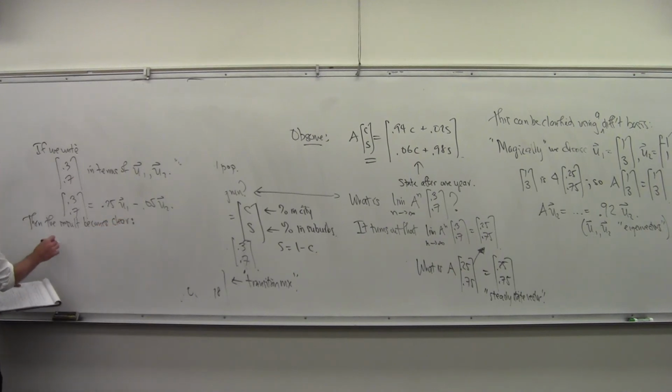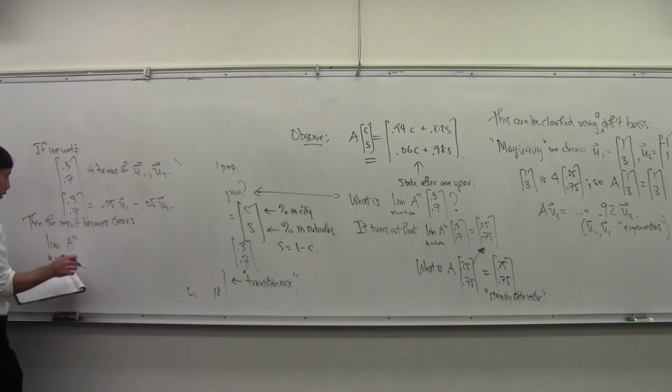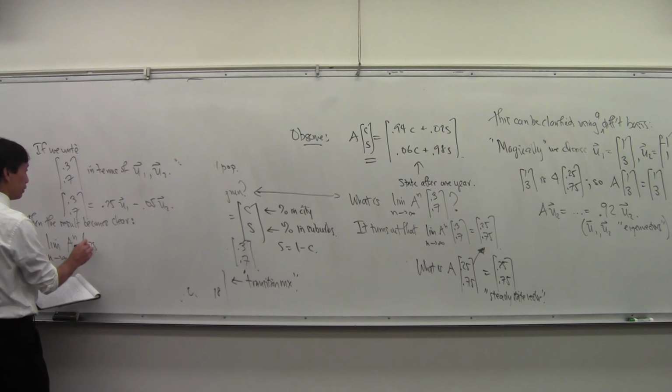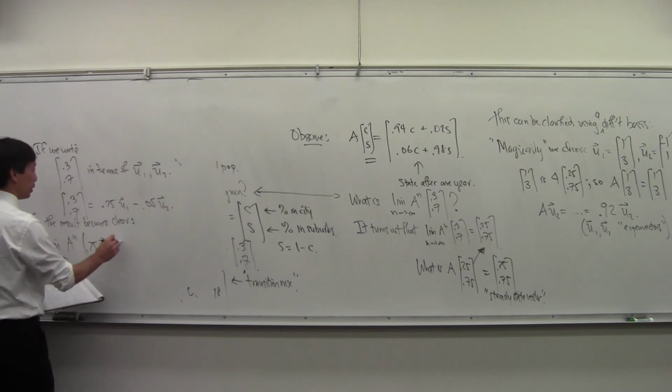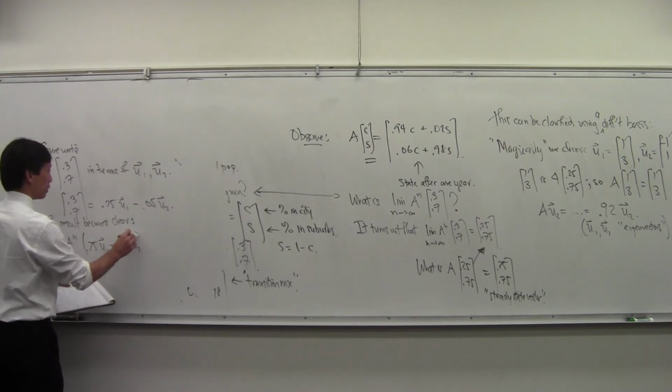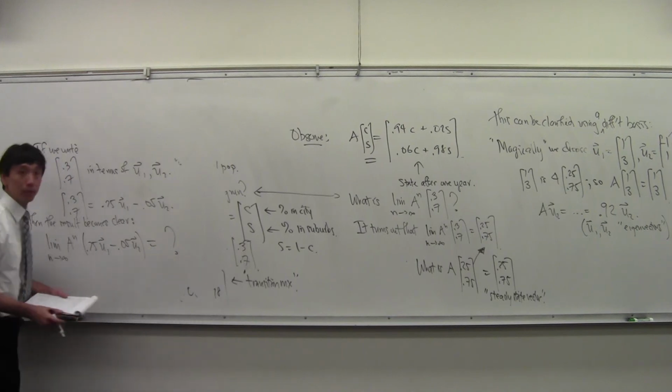If we look at the limit of A to the n times 0.25 U1 minus 0.05 U2, what happens?